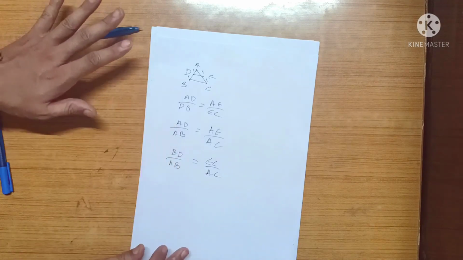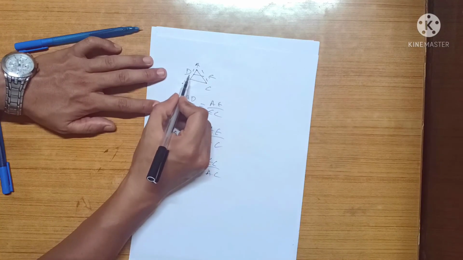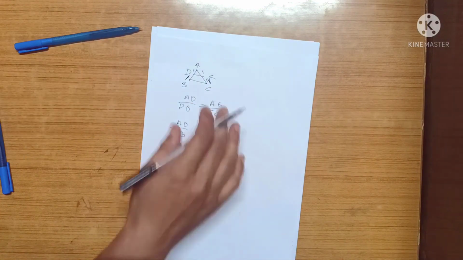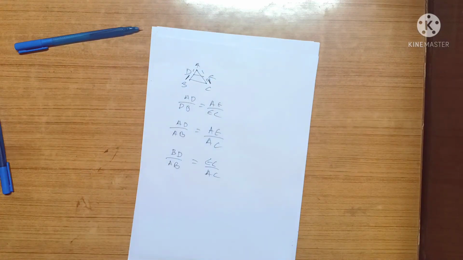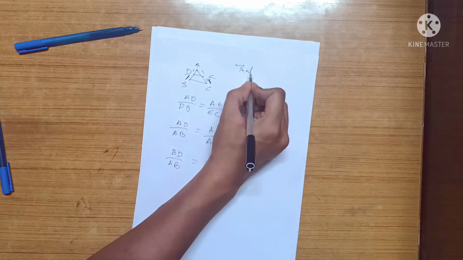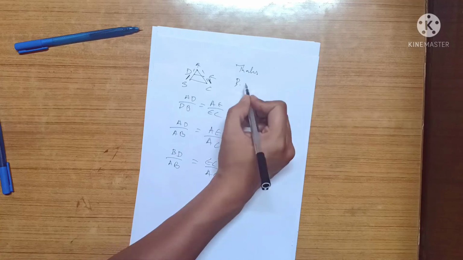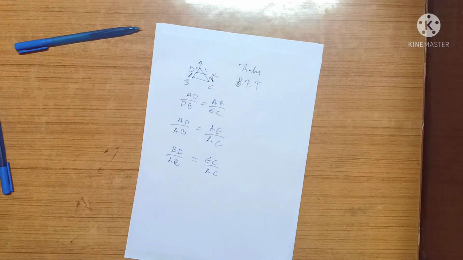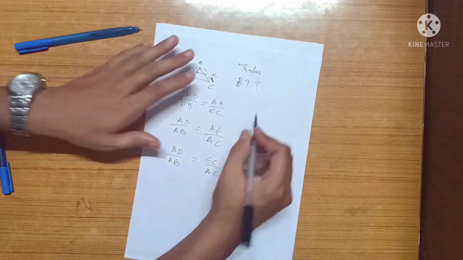It doesn't matter. All are Thales theorem, okay? But as long as if you're taking this, then you have to take this shorter one. That's the only condition. Otherwise, everything is possible for Thales theorem. And Thales theorem is also called basic proportionality theorem, BPT. Basic proportionality theorem, okay? And the next one would be similar triangles.